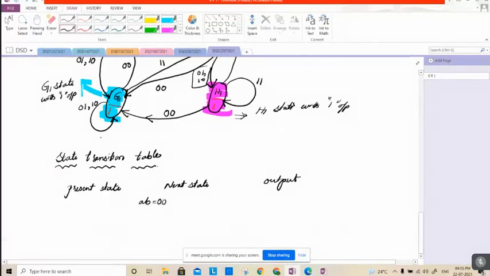Here we have AB values as 0 0, 0 1, 1 0, and 1 1. And here the AB values are 0 0, 0 1, 1 0, and 1 1.